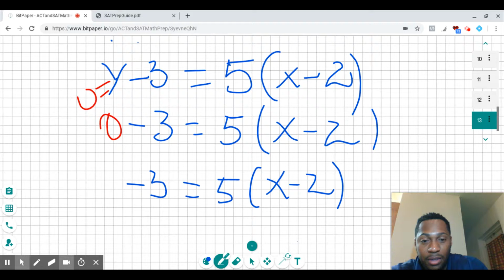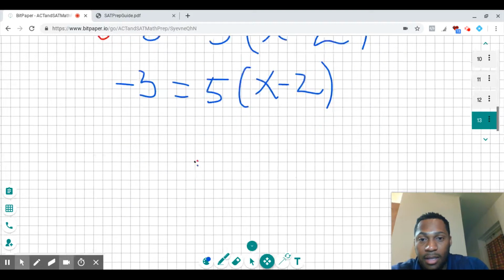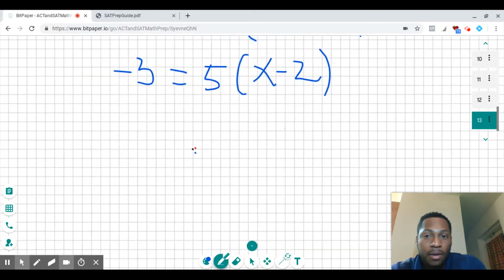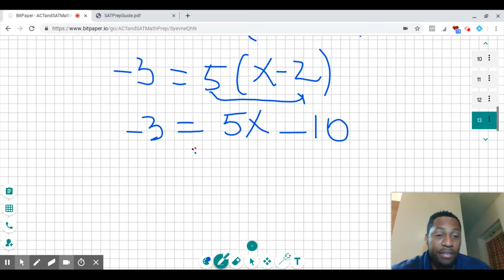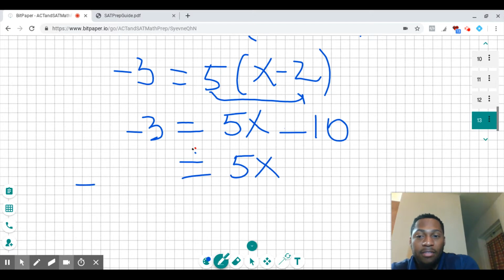All right, so what else are we going to do? We're going to distribute, and then we're going to calculate. So negative 3 equals 5 times x, which is 5x, and 5 times negative 2 is negative 10. All right, so we're going to move everything that has x to one side, and everything that doesn't have x to the other side. So 5x. We had the negative 3 here on this side, and it's going to stay how it was.